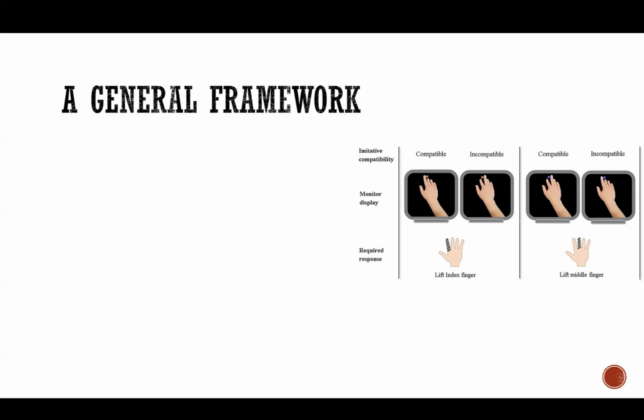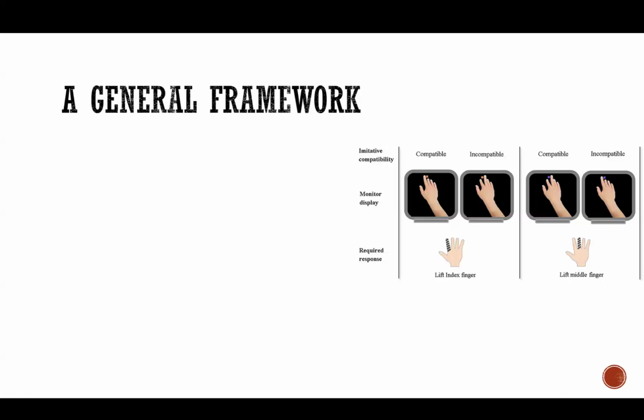And at the same time, on the screen, there's also another hand that's doing either the action that you need to do or the action that you shouldn't do. And this is a test that has been designed to sort of discriminate how much information from other people is leaking into your decision, even when it's explicitly not relevant, right?